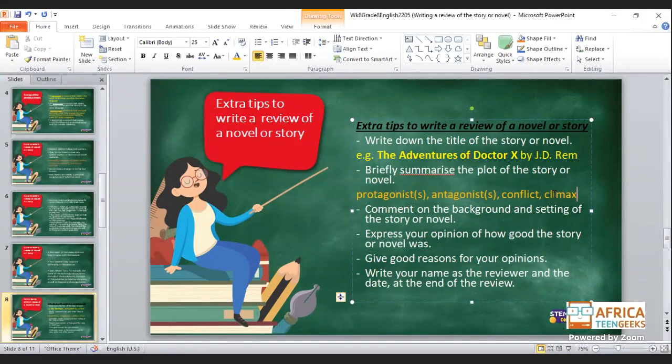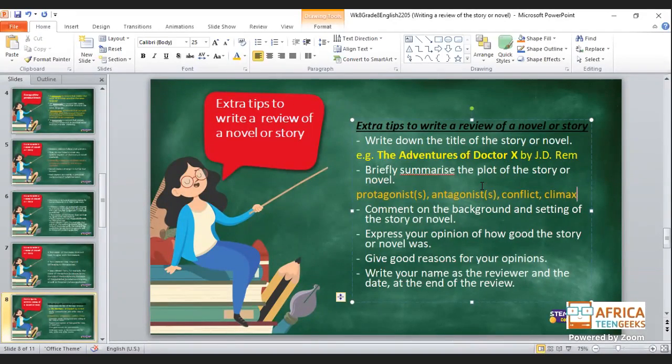It is at the climax where we know how the conflict affects the main character as well as the antagonist. So even when you summarize the plot in your review, you'll have to say something about these four things: the protagonist, the antagonist, as well as the conflict and the climax.